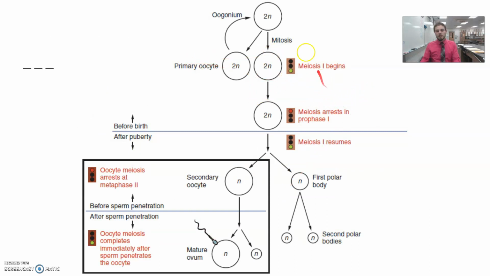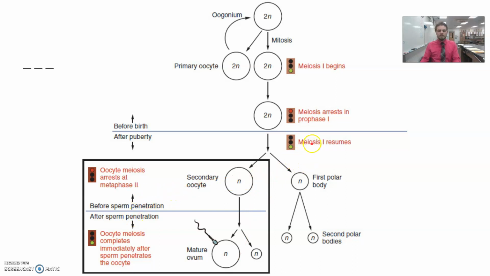So here you can see the process of meiosis in females mirrors very, very closely spermatogenesis in men, where there's going to be a stage of mitosis to regenerate the oogonium, and then meiosis that's going to take place eventually leading to 4 haploid cells, but in females only one of them is going to be chosen and become the mature ovum. You can see here that there is a pause that takes place.